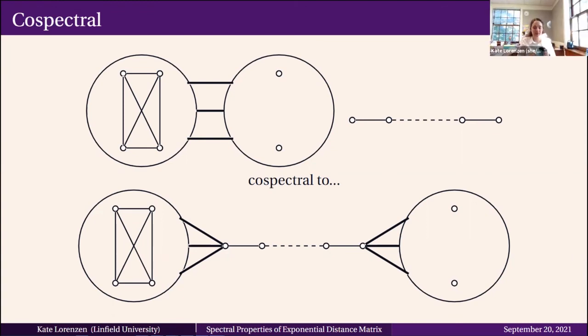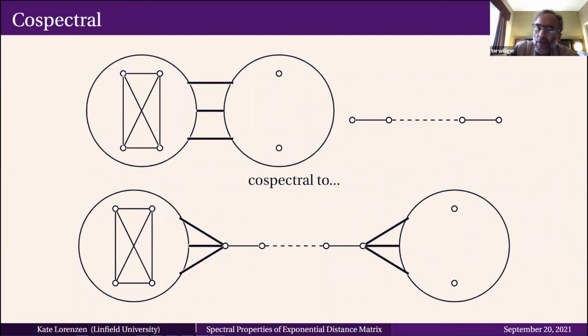Okay. So I noticed that your exponential distance matrix for certain graphs, such as the distance regular graphs with classical parameters, is very close to one of the primitive idempotents, in fact the Q polynomial idempotent for the adjacency matrix.